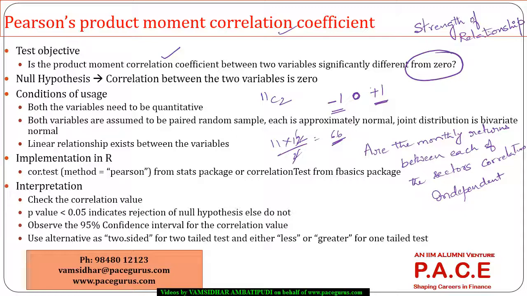So the null hypothesis for this: I make a null hypothesis saying the correlation between every pair of variables is 0. So this is what I want to test, whether it is 0 or is it different from 0. If it is different from 0, either it could be positive or it could be negative. Some of the important points for the usage of this: I need to have variables to be very much quantitative.